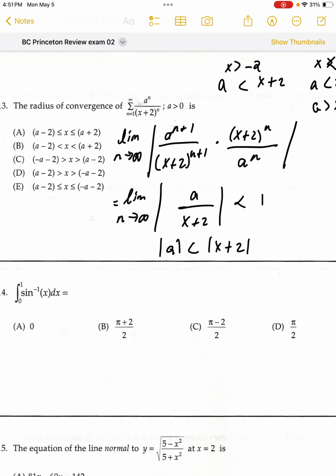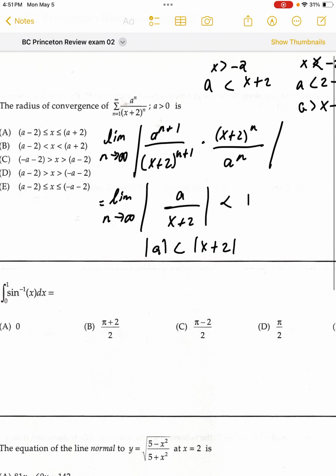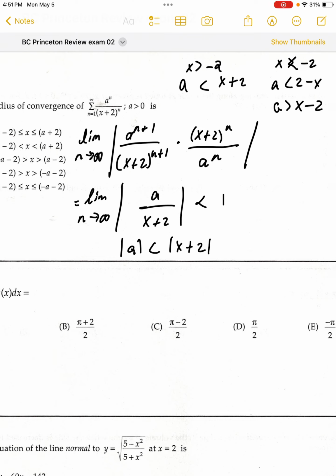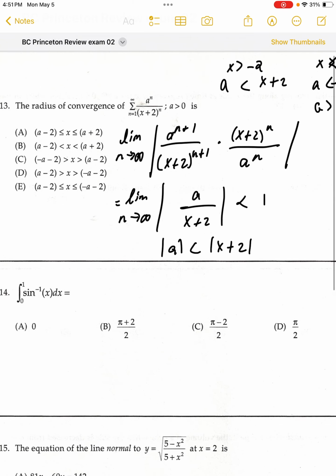And since all of these inequalities have x in the middle, let's try and isolate x in both of these inequalities. Sorry, this should be negative 2 minus x, right?